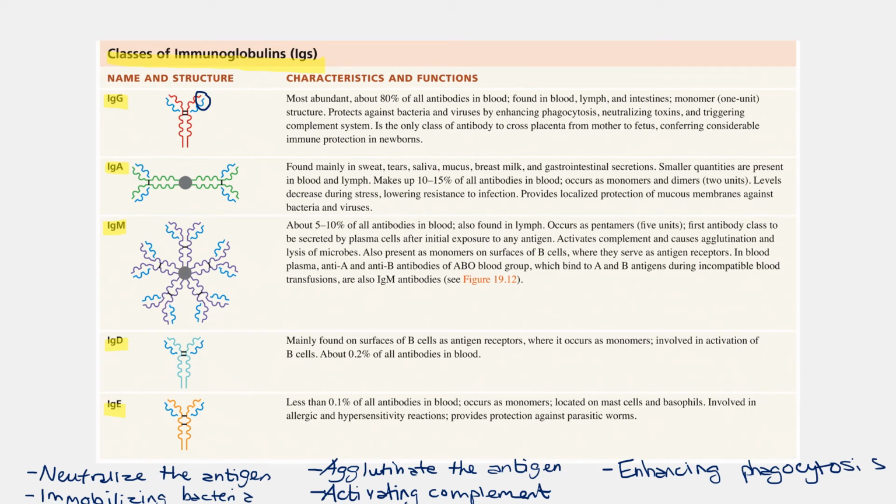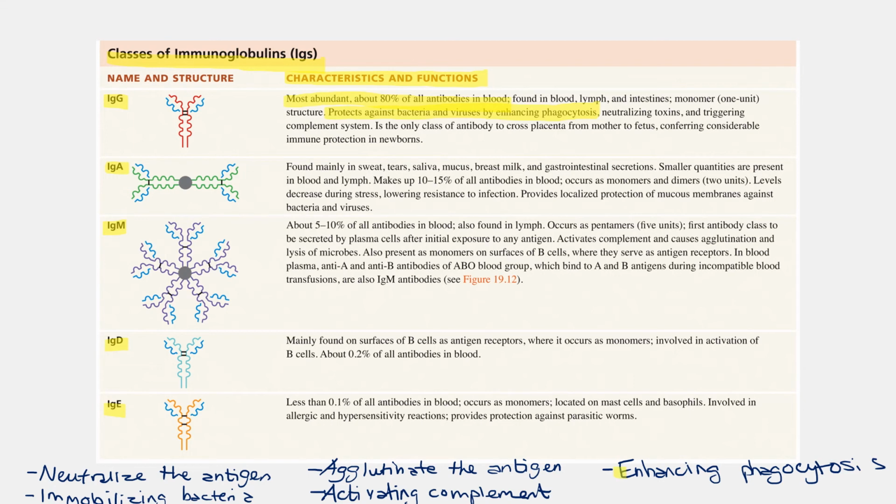So this table here is really cool. It shows those 5 classes of antibodies and their specific characteristics and functions. We see here that IgG is going to be the most abundant of all the antibodies. About 80% of all the antibodies in blood are going to be the IgG class. They protect against bacteria and viruses by enhancing phagocytosis.